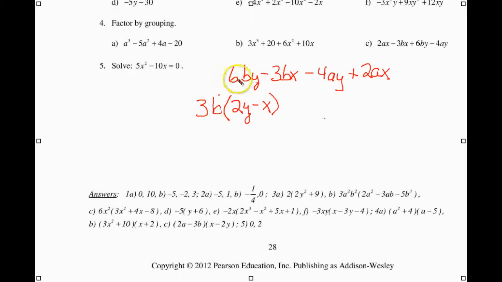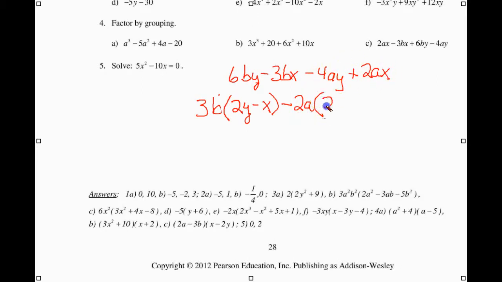So I can take out a 3b out of each of these terms, and I'm left with a 2y minus x. That's better. Now here's a case where the signs seem to be wrong. But if I take out a negative out of each one of these, it's going to reverse the signs. A negative 2a out of these two, watch what happens.